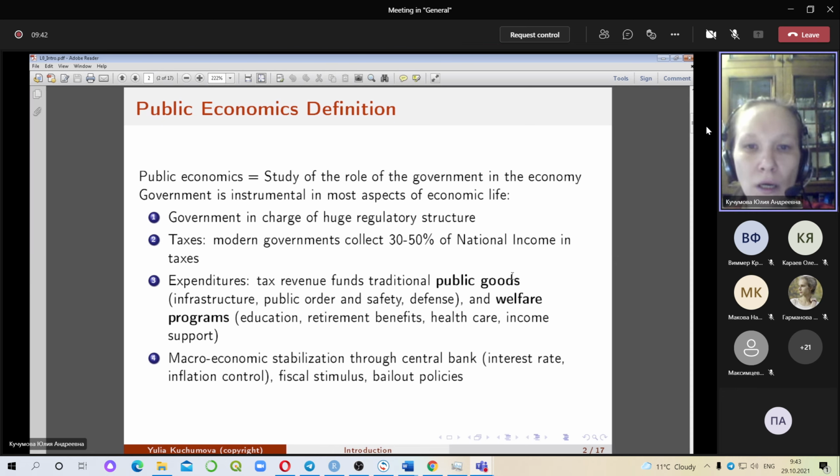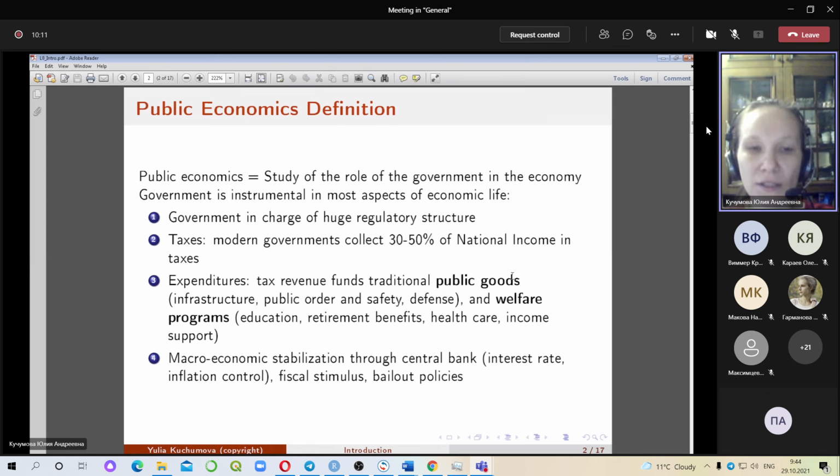And nowadays, government is crucial or instrumental in most aspects of economic life. So government is in charge of a huge regulatory structure, the laws that it publishes, all the regulations and stuff like that. Then the government is also in charge of collecting taxes.